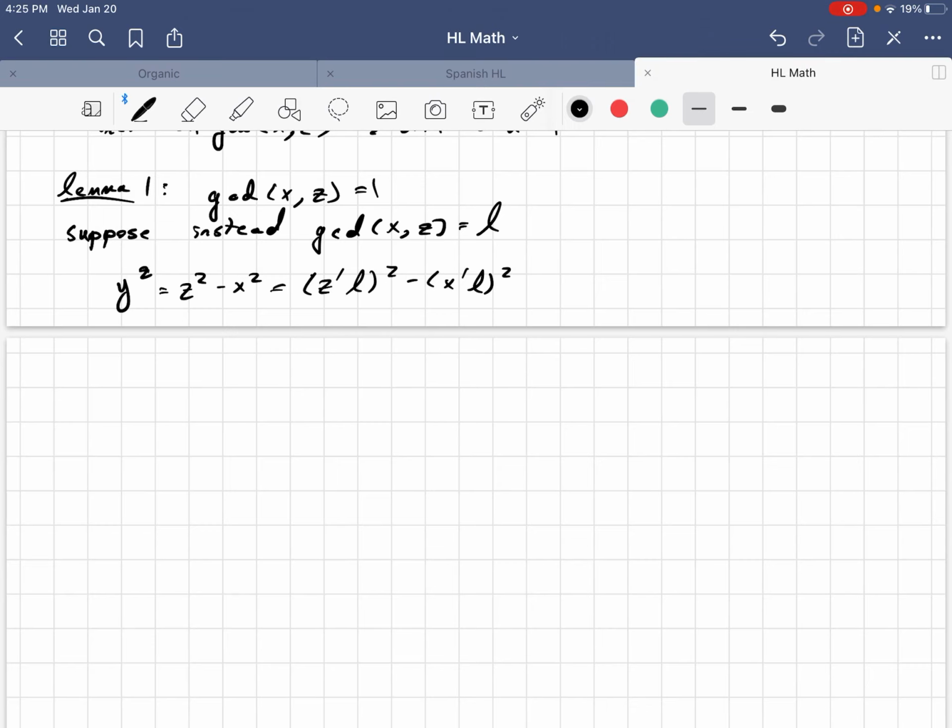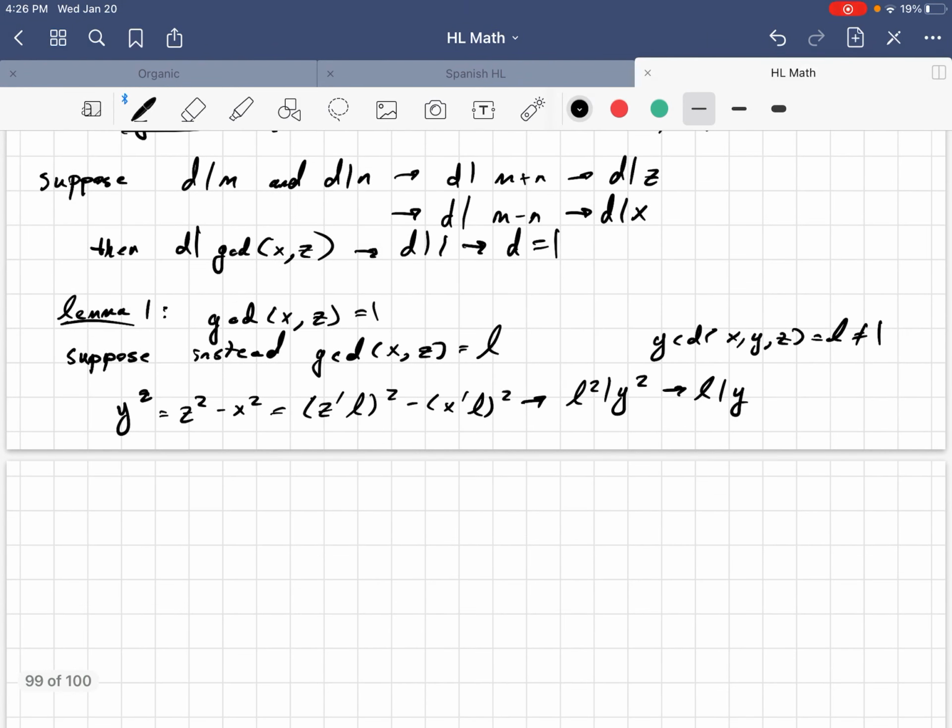In other words, z prime is z divided by L, and x prime is x divided by L. So I'm just replacing them with another z and multiplying by their greatest common factor L, which would imply that L squared divides y squared, which would imply that L divides y. But if L divides y, and it divides x, and it divides z, then the GCD of x, y, and z is equal to L, which is not equal to 1. And so we don't have a primitive Pythagorean triple.